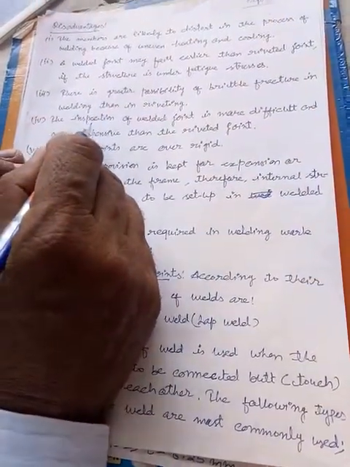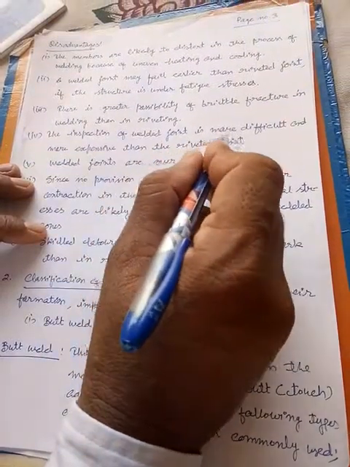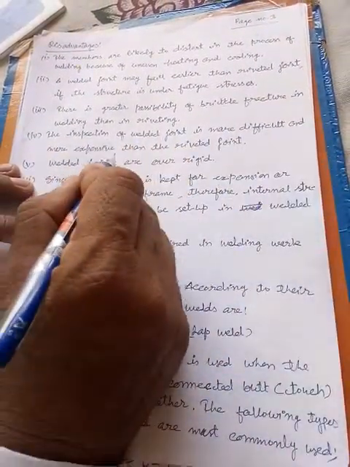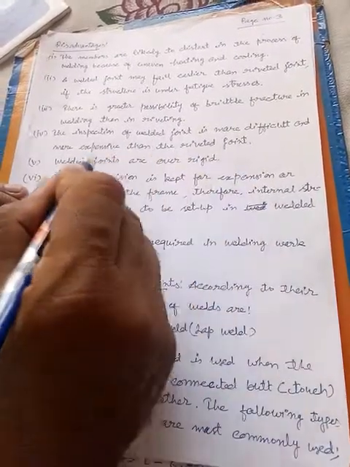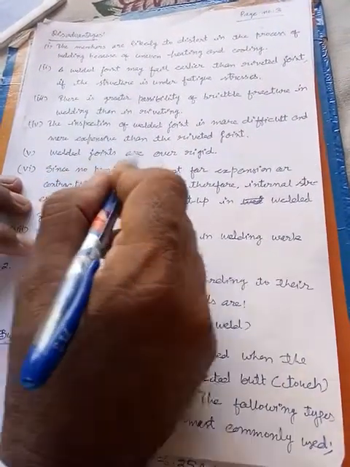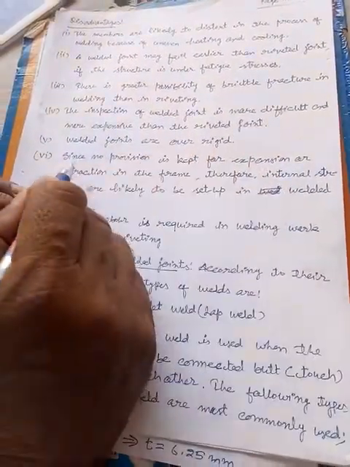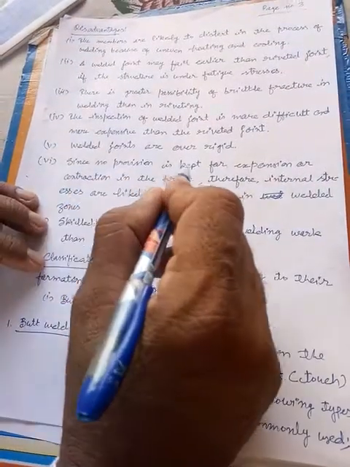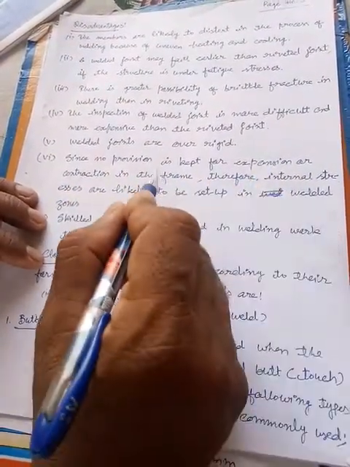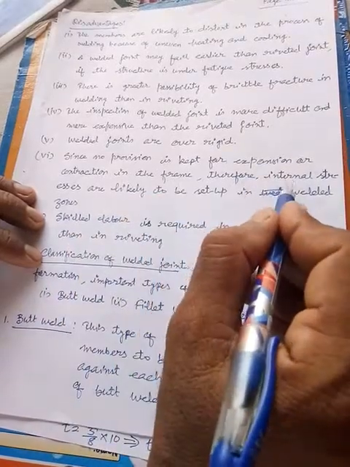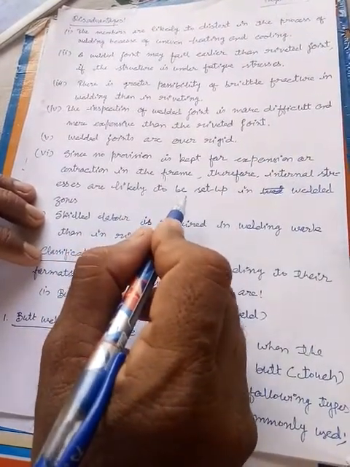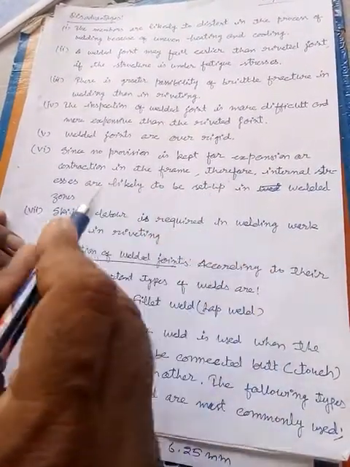So fourth point, the inspection of welded joints is more difficult and more expensive than the riveted joint. So fifth point, welded joints are over rigid. So sixth point, because no provision is kept for the expansion or contraction in the frame, therefore internal stresses are likely to set up in the welded joints.